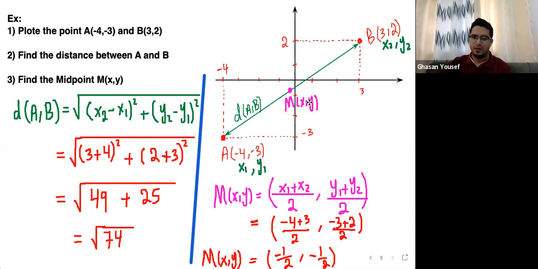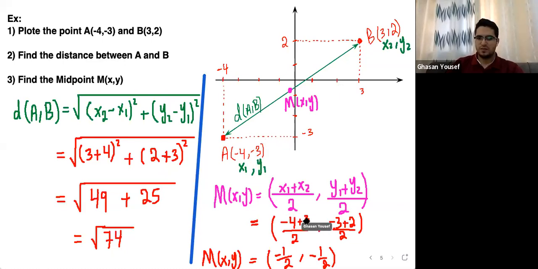Now for the midpoint, it's by using the previous formula: the sum of the x coordinates over 2, comma, the sum of the y coordinates over 2. So x1 is minus 4, x2 is 3.